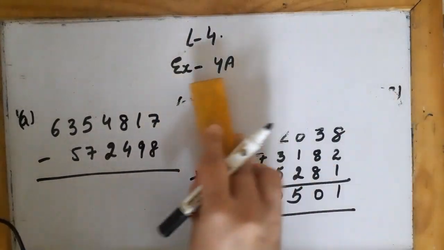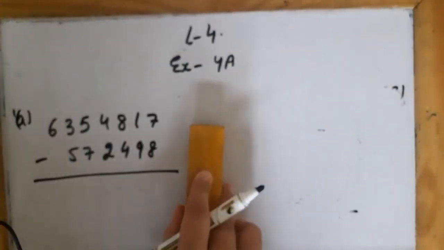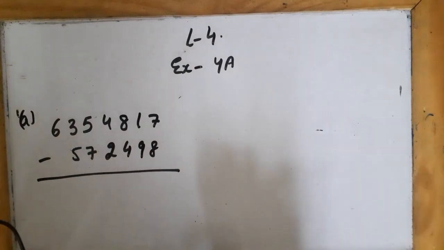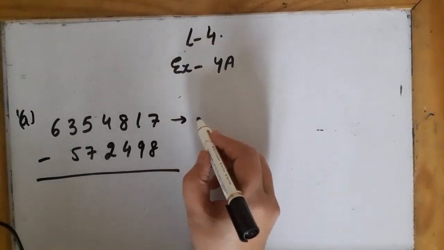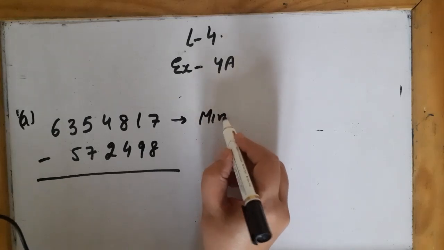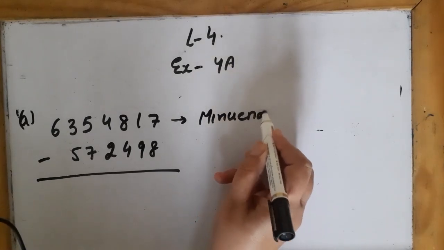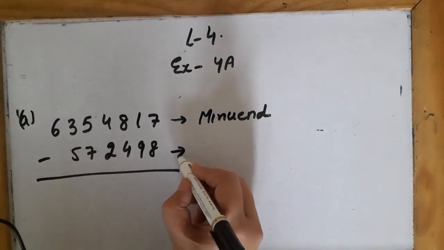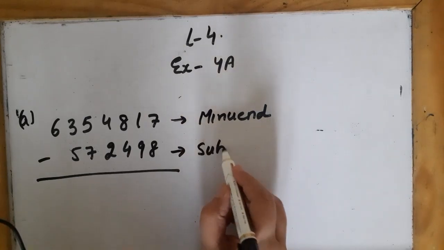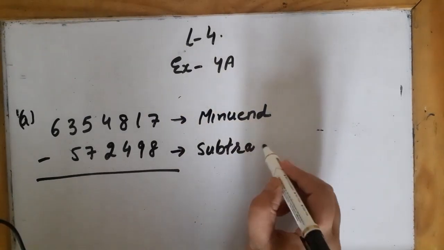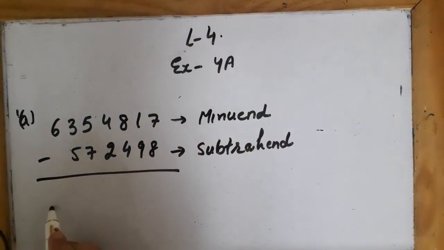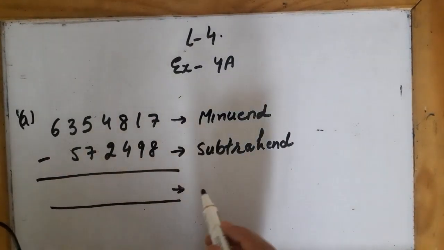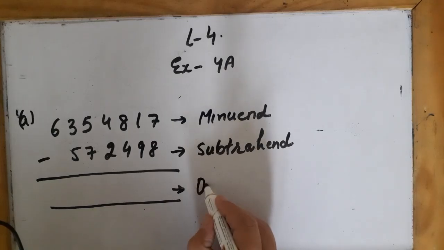Now before subtraction I'll tell you what each number in subtraction is called. This is the larger number which is called minuend. This is called subtrahend, and the answer that we will get, that is called difference.